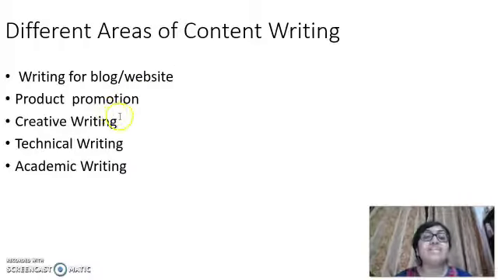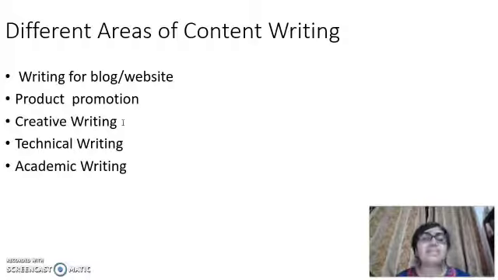The next thing is creative writing, which I think many of you will be interested in. It is also lifestyle writing, wherein you have different niches like travel, food, and lifestyle, which includes fashion, and other areas like design.